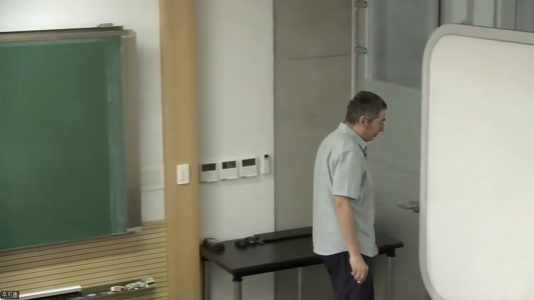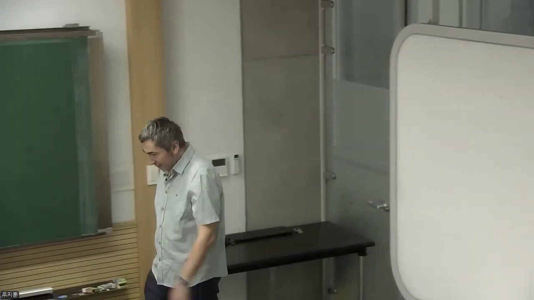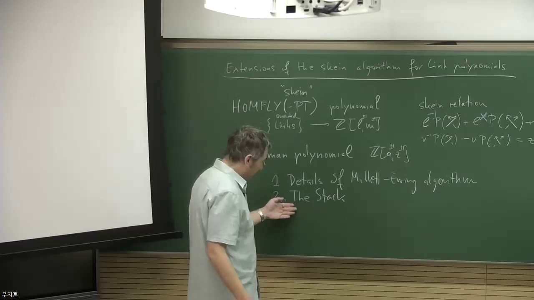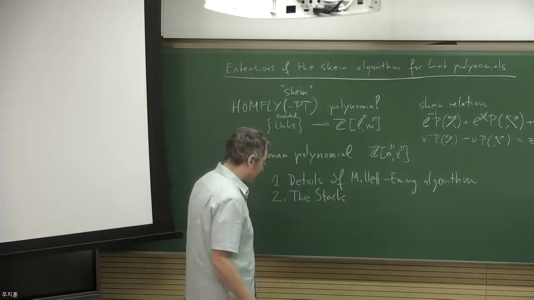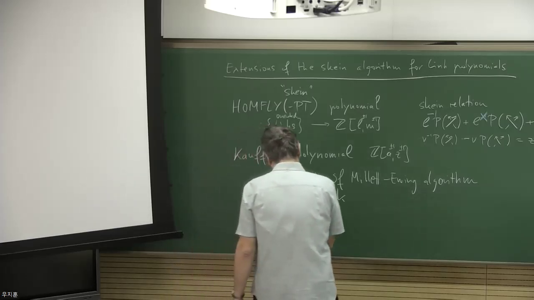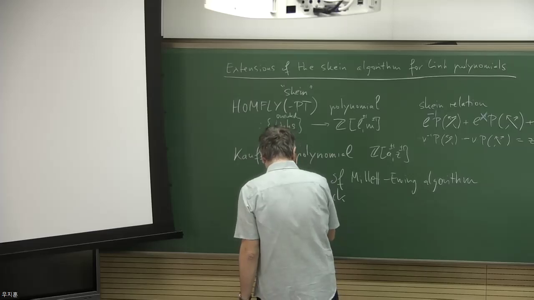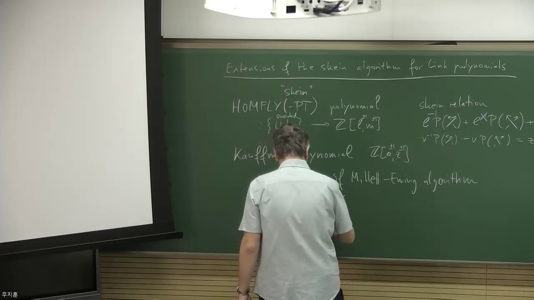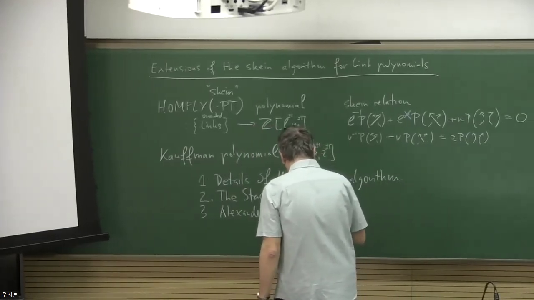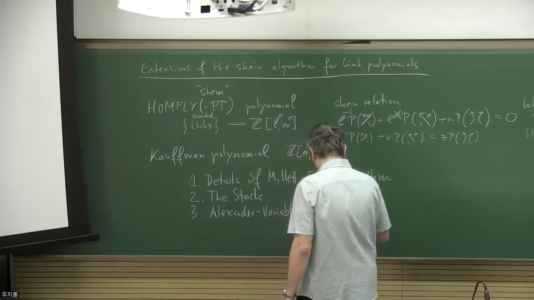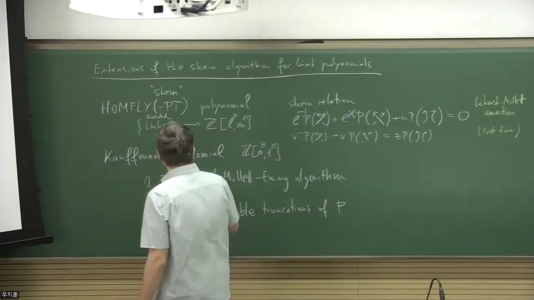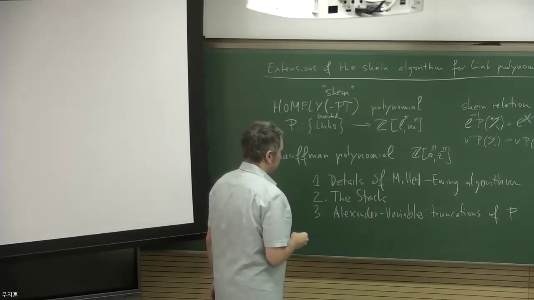This is quite important, and I will have to explain many things because it has implications for many of the things that I say later. And the third point that I'm going to talk about, depending on how much time I have, are the Alexander variable truncations of the HOMFLY polynomial.